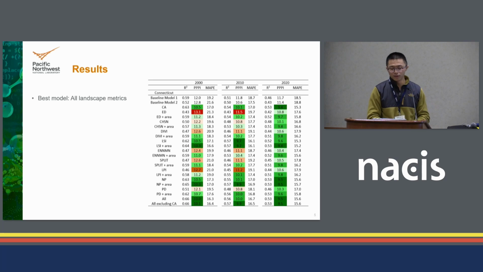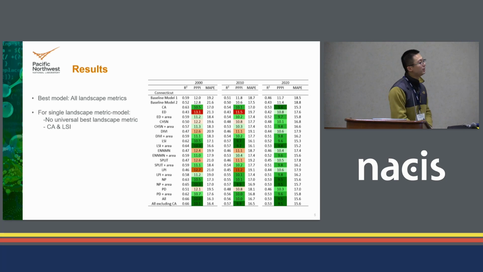And we found that the best model among all the random forest models is the one using all the landscape metrics. That makes sense because every landscape metric is involved in the random forest regression model, providing more and additional information.